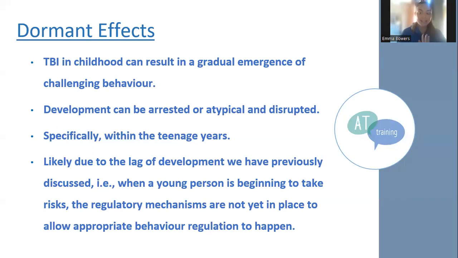And we might see those dormant effects come into play due to that lag that we spoke about, the lack of synchrony in the development we've previously mentioned.